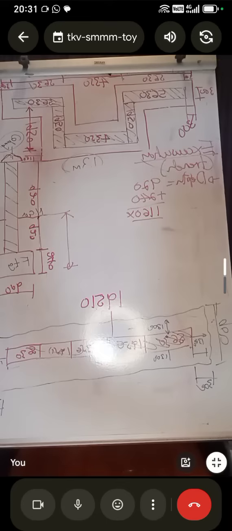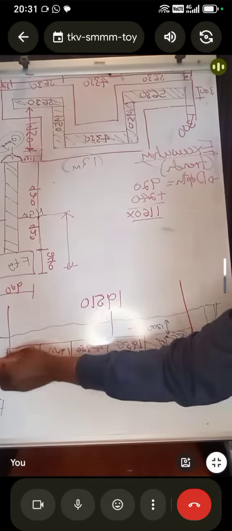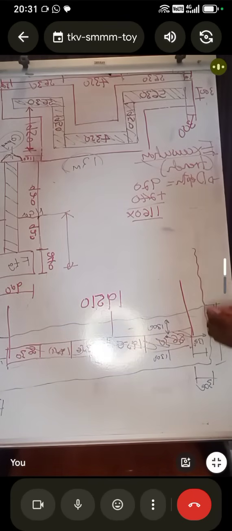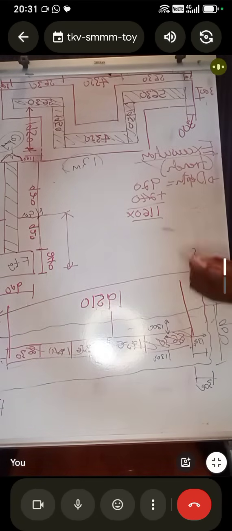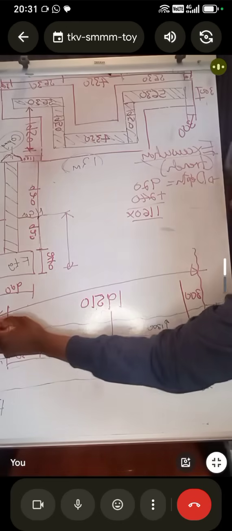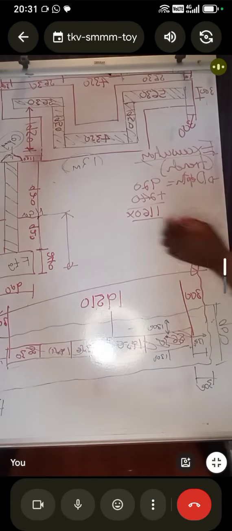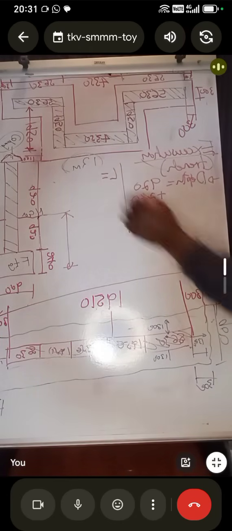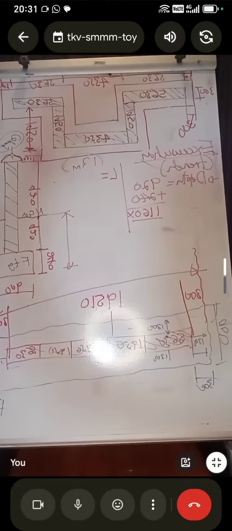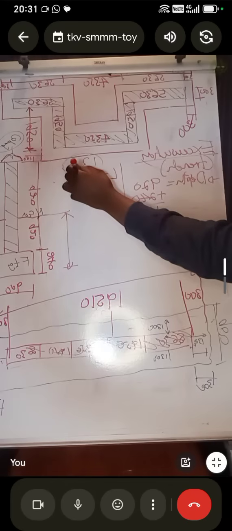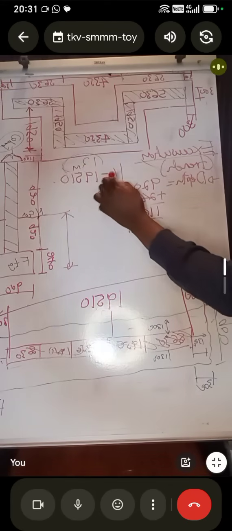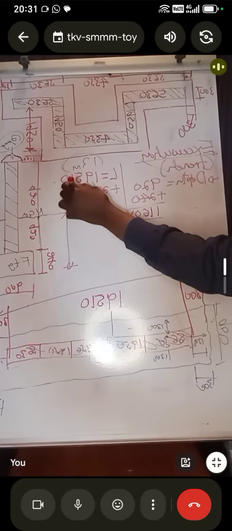Good. Now, that is from here to here. We need to know from here to here to get the total length of the trench. What are you going to do? Remember, we have the backfilling of 300 on both sides. What can you do to get the length of the excavation of the trench? 19,510 plus 2 of 300.